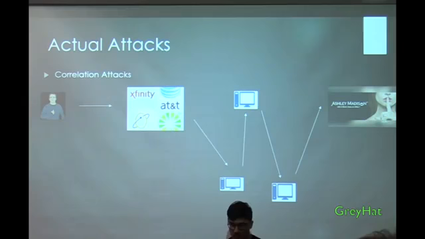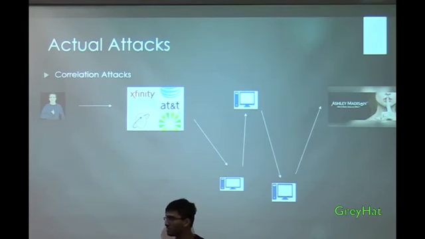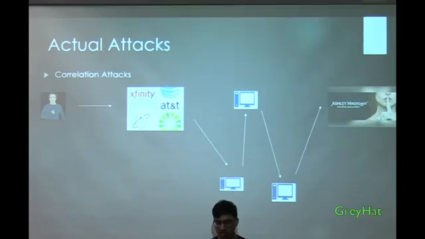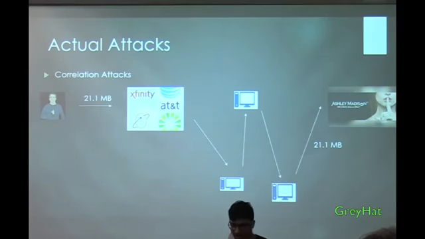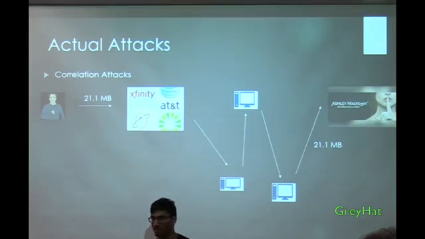So the most common kind of attack you might hear when talking about Tor and its vulnerabilities is correlation attacks. And a correlation attack is pretty simple in its essence. You're talking to your ISP, you're going to the first hop on your Tor network, and let's say you just send 21.1 megabytes of data, and that means basically 21.1 megabytes of data are coming out of the exit node as well, minus the encryption and all that.